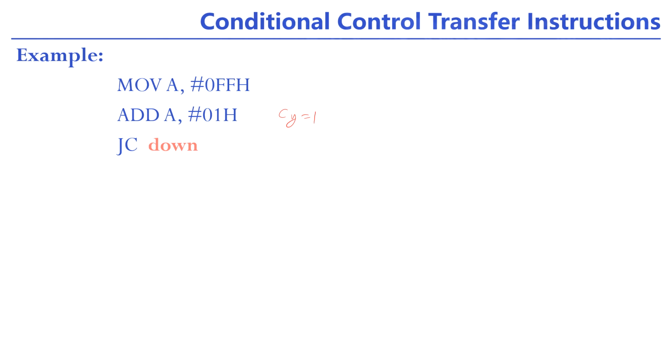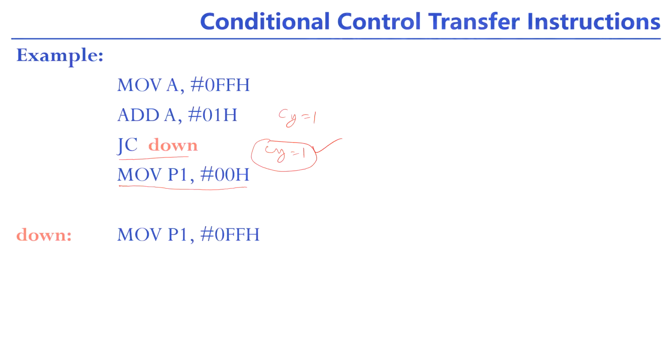This instruction is also checking for carry equal to 1, so the condition is met. Once the condition is met, this instruction MOV P1, #00H won't execute. Instead, it will jump to this labeled location down, and it will execute MOV P1, #0FFH.